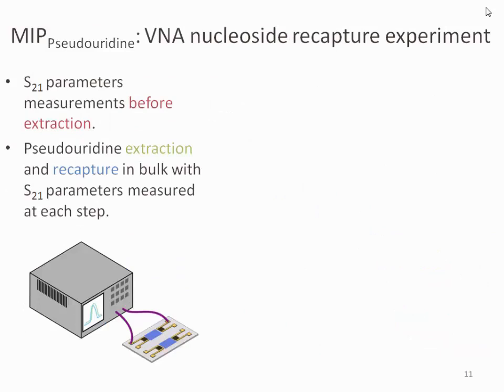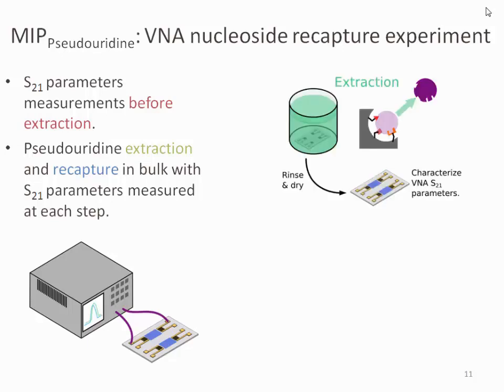We didn't have the time to perform some real-time experiments, so we used a standard vector network analyzer characterization. So we are looking at the S21 transmission parameter here. So first, we characterize these S21 parameters before extraction of the pseudouridine target. Then we perform the extraction once again in a bulk solution.